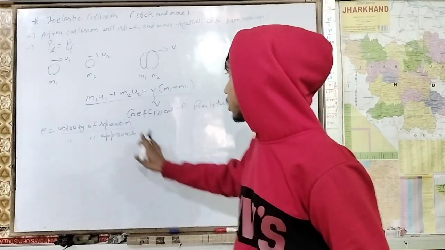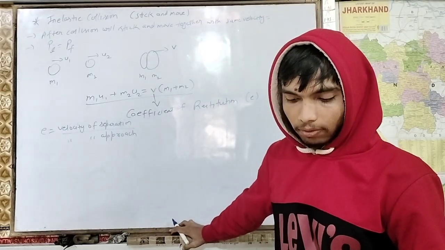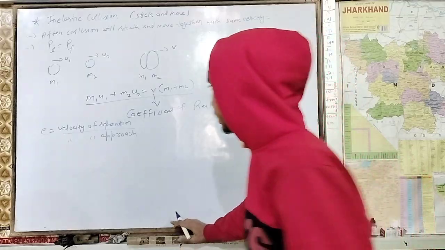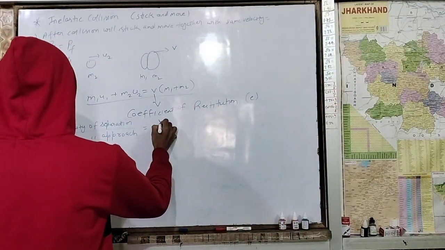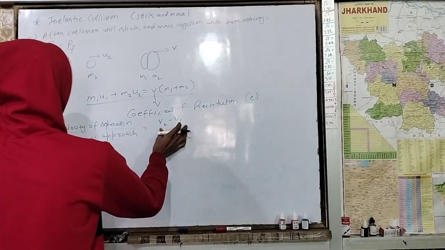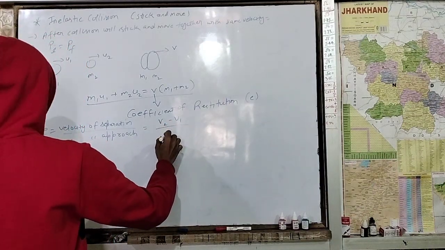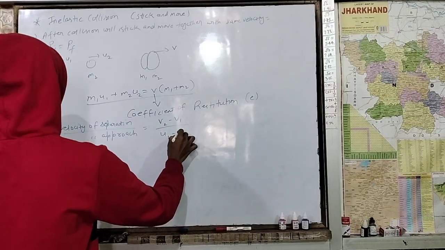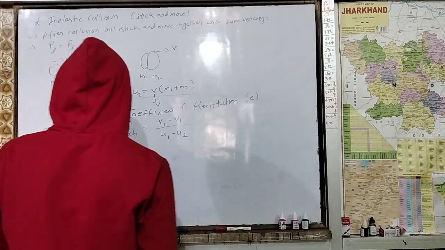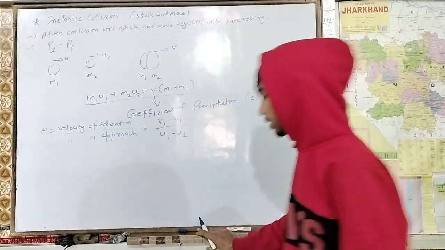It can be written as e equal to (v2 minus v1) upon (u1 minus u2).